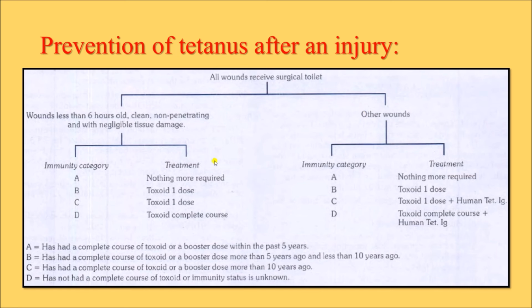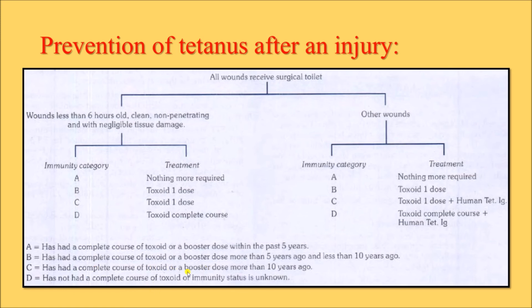Then we need to ask the person about his history of tetanus immunization. So if the person had received 2 doses of tetanus toxoid or even a booster dose in last 5 years, he does not need anything. Maybe he received his immunization between 5 to 10 years back. So that means he will receive only 1 dose.